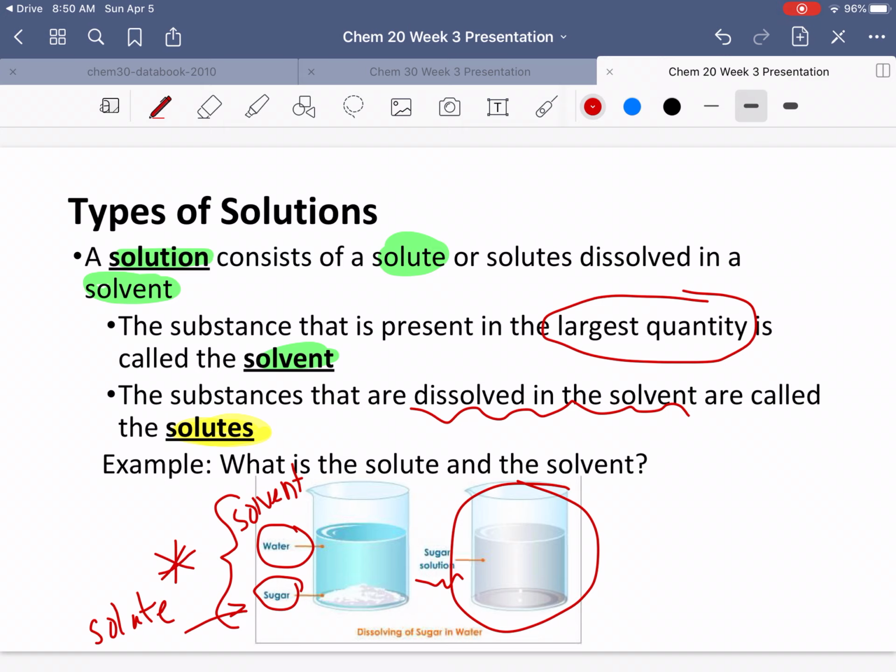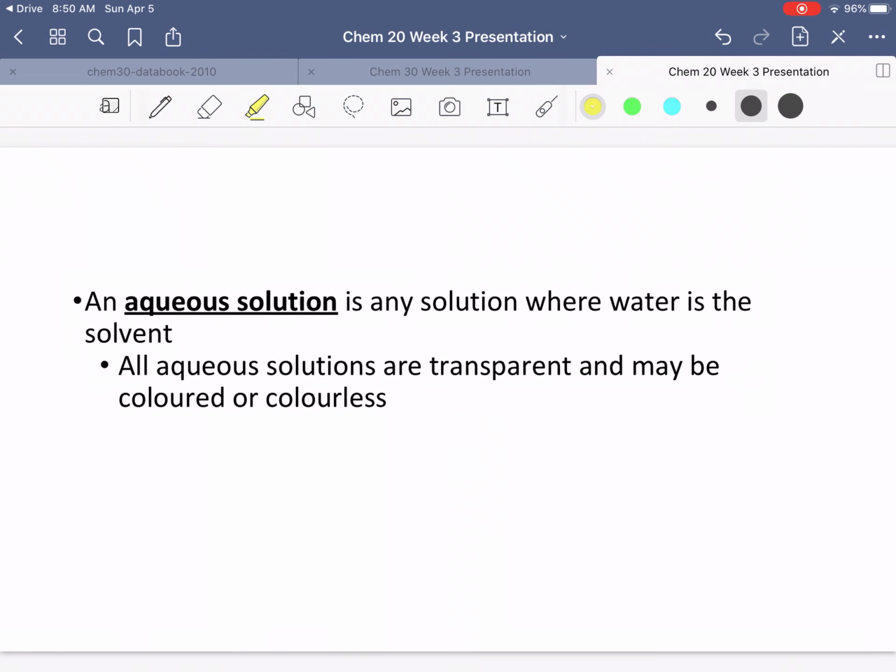We do focus on solutions where water is the solvent through the remainder of this course. But do be aware that, like I said, solvents can be many different things. It doesn't have to be water by any means. However, if it is water, then we have a scenario where it's aqueous, right? That's not a new word to you, but notice the root of this is aqua, which of course means water.